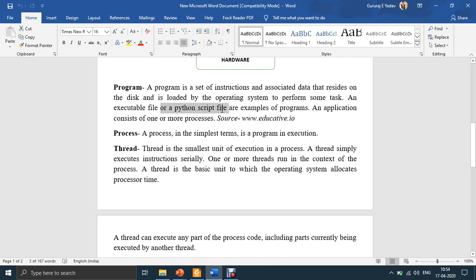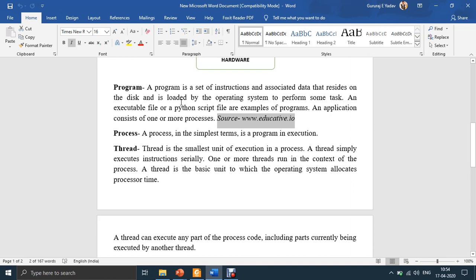A Python script is also an example of a program. An application or program consists of one or more processes. This definition was sourced from www.educative.io. This is where I got the definition.